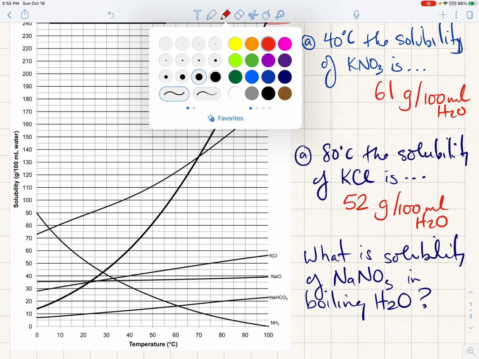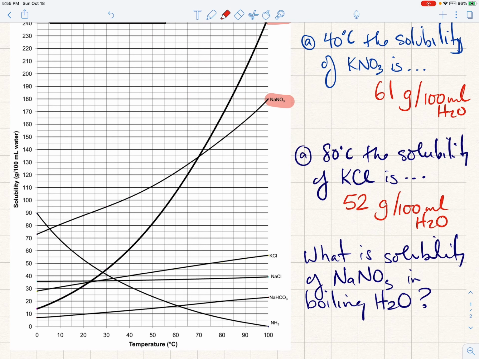Now the curve for sodium nitrate, sodium nitrate is this curve here on your chart. Find 100 degrees Celsius on the x-axis, so that's this highest temperature, and go straight up until you hit that curve.